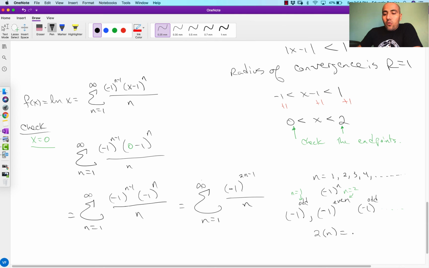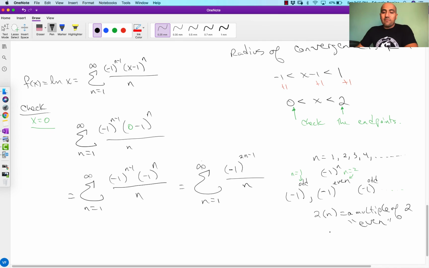So this is always a multiple of 2, aka this is always even. 2n is always an even number. And so if 2n is always even, and we subtract 1, well, this is always going to be odd.